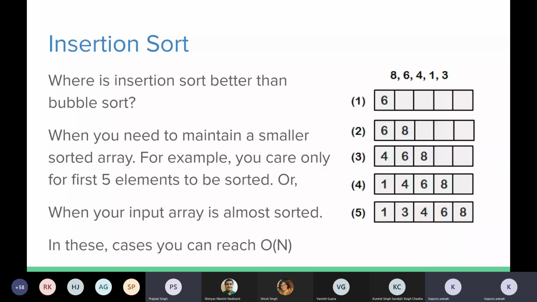The next half part is not sorted, so we cannot actually apply binary search. I think he's saying that you're talking about only the sorted part, not the unsorted part.